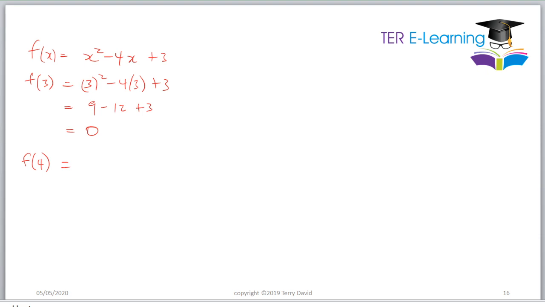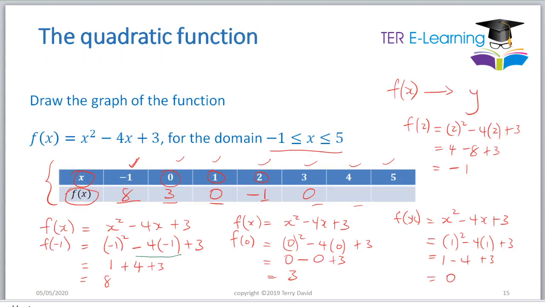Alright, so I've seen people getting 3 as the answer. Let's see. So we're going to substitute again. This is going to be 4 squared minus 4 by 4 plus 3. 4 squared gives me 16. Minus 4 by 4 gives me minus 16 plus 3. And this will give me 3. So therefore, we're going to put a 3 here.